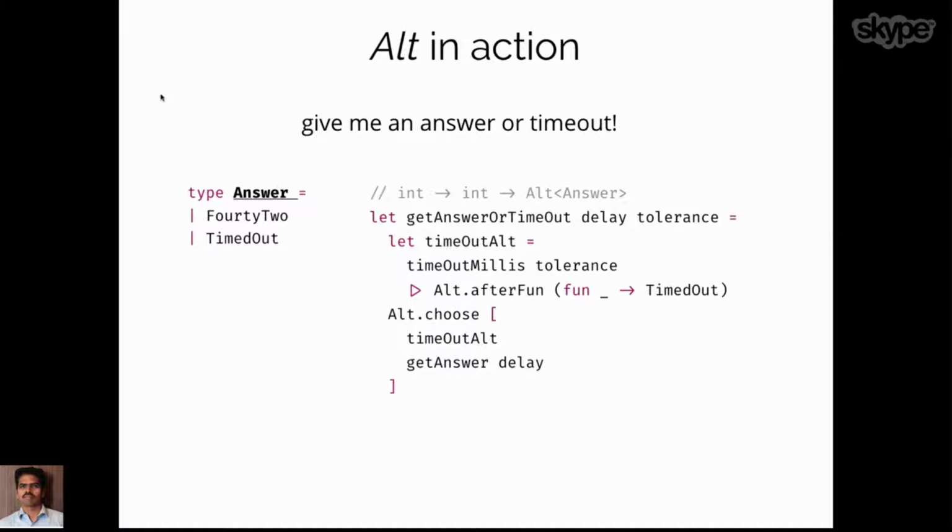What is happening here is that it takes the tolerance as another delay, and inside that delay it checks whether the timeout or the getAnswer finishes first. Using choose, we choose between these two things, and whichever commits first, we return its result.